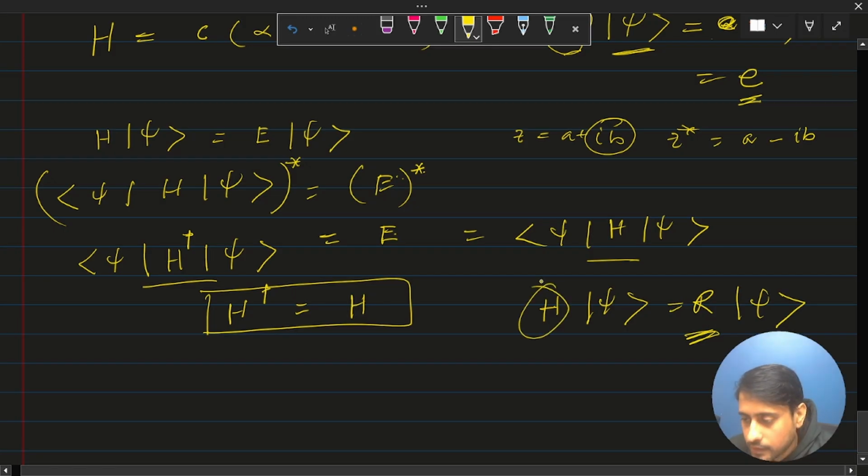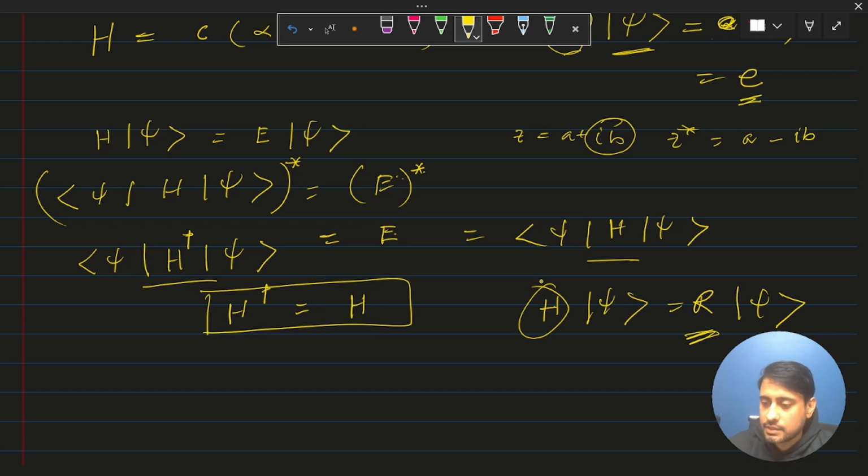So we know that in quantum mechanics we have operators which act on some wave function and give you some real eigenvalue.